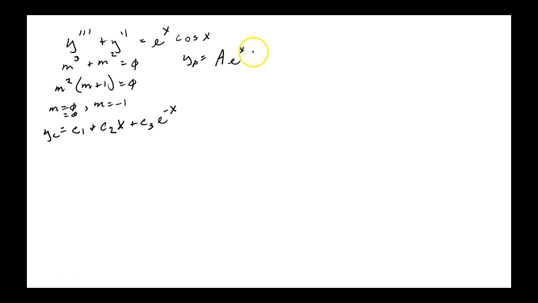Anything else? Sine x is fine. Not like the book would do it, but it's okay. Plus B e to the x cosine x. Okay. Almost makes you want to go back and make sure you got your signs right, but I think we did. It's e to the minus x, that e to the x, no problem there. And besides, those have things multiplied by them anyway. So, where do we go from there?